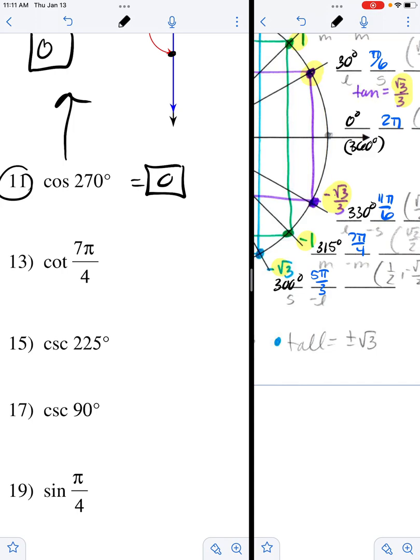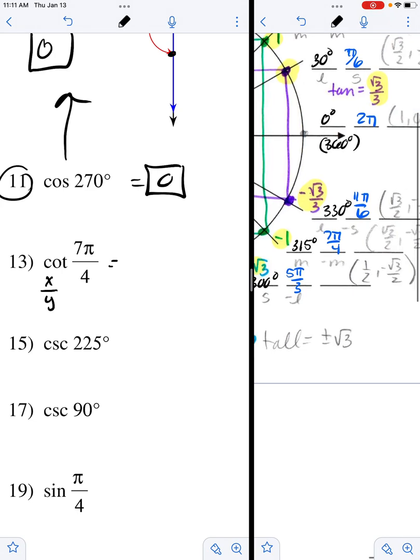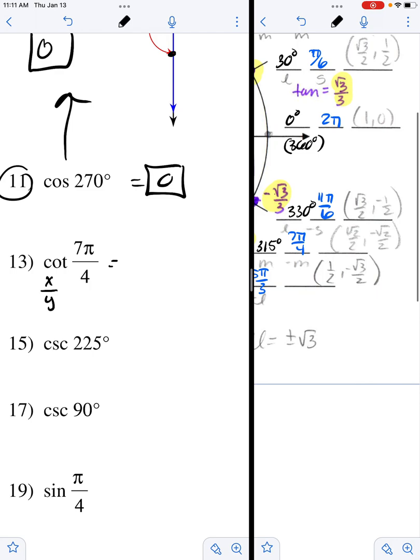Cotangent, okay, this is tricky, is asking for the x over y. Since tangent's y over x and cotangent flips that over, it's asking me to take at that 7 pi fourths the x, which is right here, and put it over the y. So I'm going to put my x over my y.